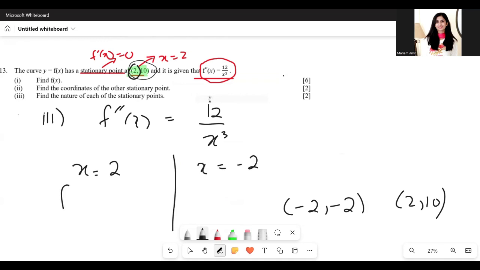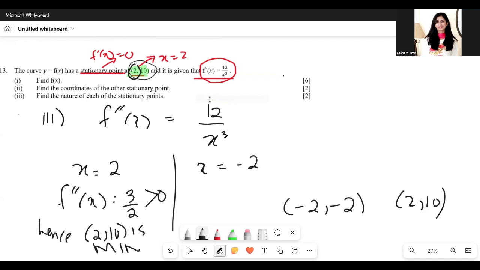So when x equals 2, f double prime x is coming out to be 12 upon 8, which is 3 by 2, which is greater than 0. Hence, (2, 10) is a minimum point.